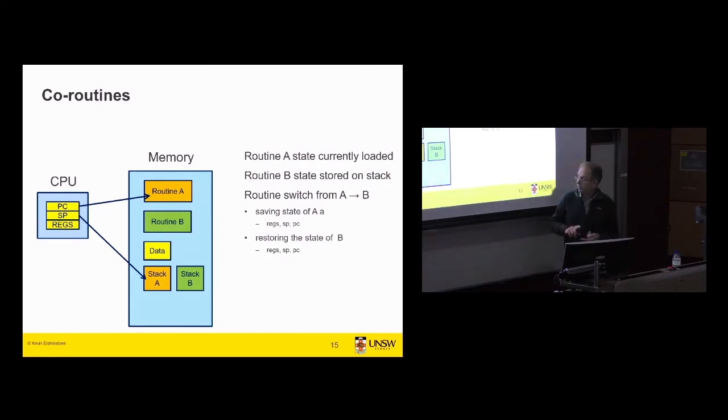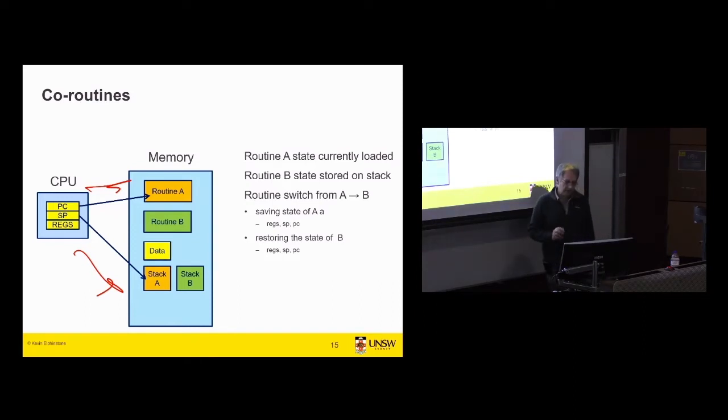So in this particular example, routine A is currently loaded, represented by where the arrows point to here. And routine B is stored on routine B's stack. Okay? So in order to switch from A to B, that involves saving the state of A. And we're assuming in a simple world that the state of A is basically entirely captured by the CPU.